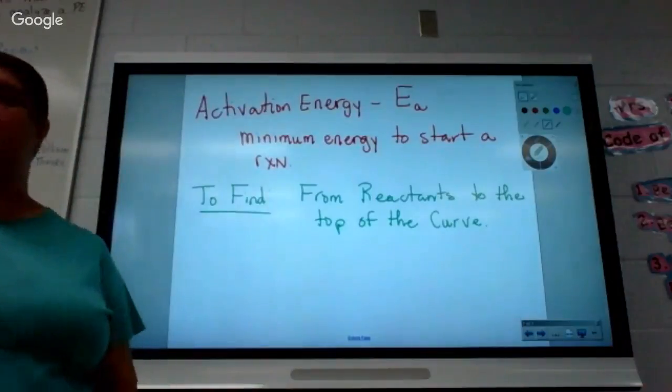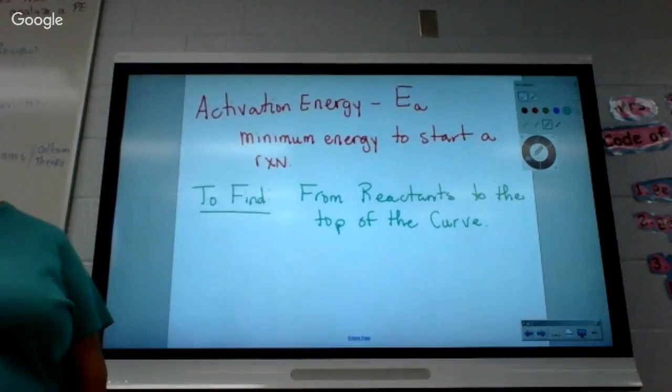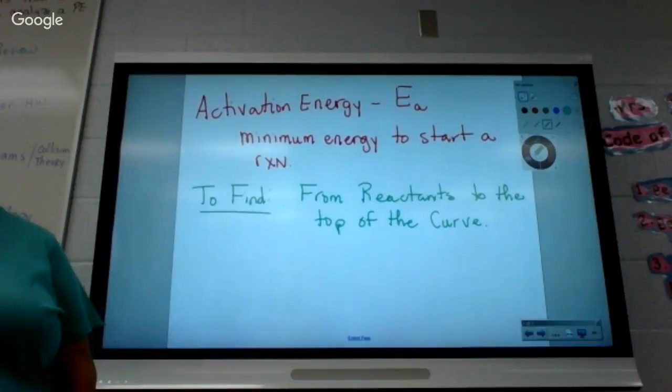It's from the reactants to the top of the curve. It never changes. Never ever changes.